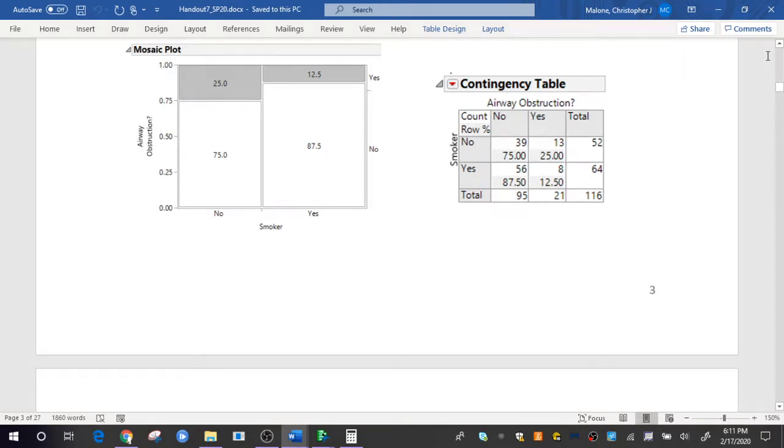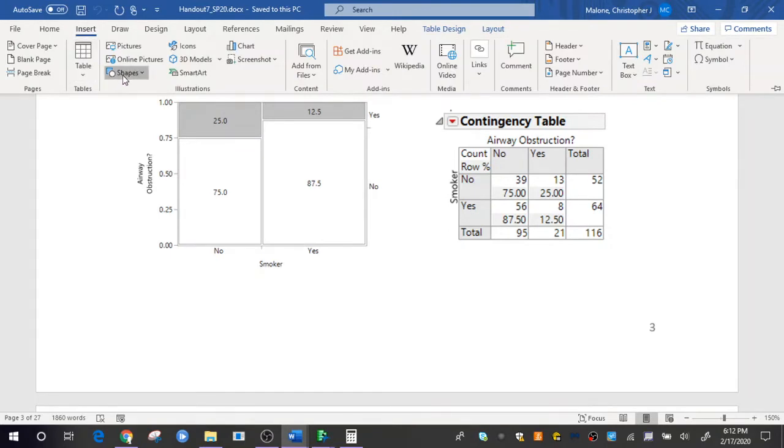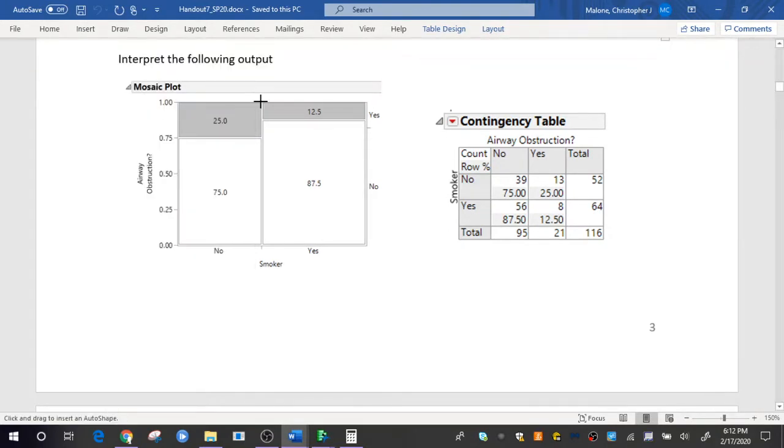If we look at it on the graph, on my non-smokers, so that's the left side here, that corresponds to that top row. I had 25% of the individuals in this group had an airway obstruction. So you can really think of this, let's go ahead and just put a dividing line here, into two pieces.